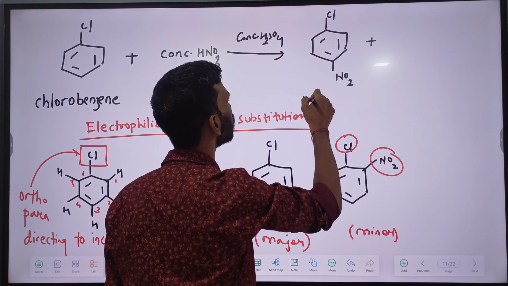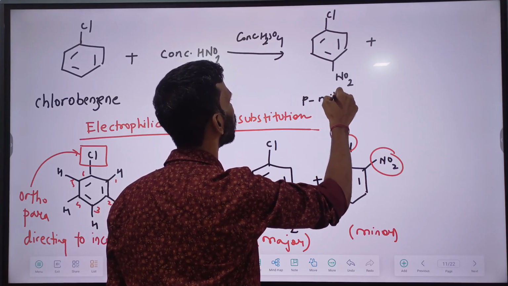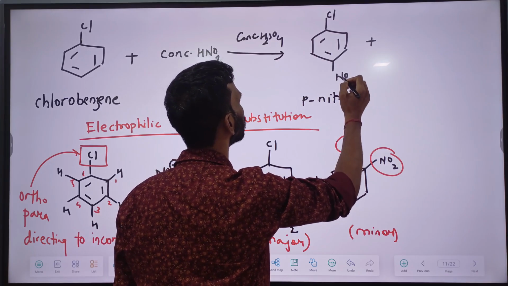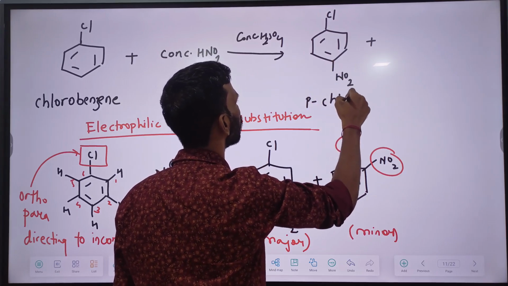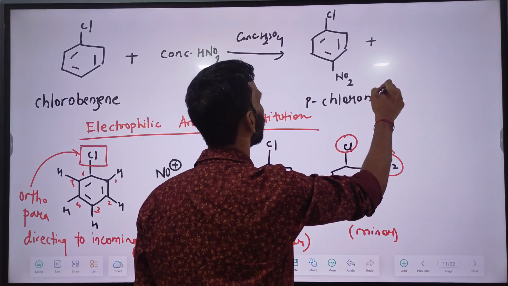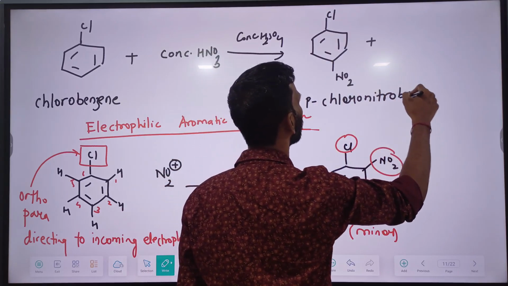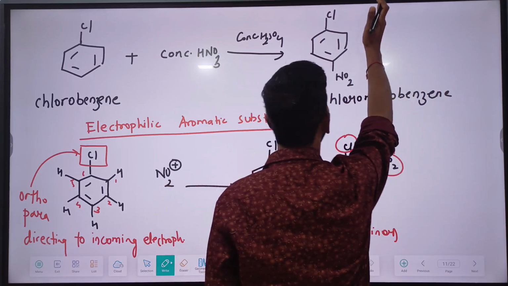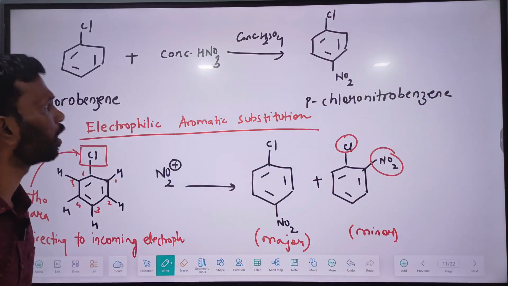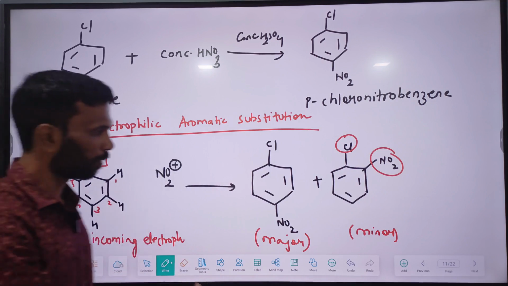At para position there is nitro, or C comes first. Para, chloro, nitro, benzene. Okay, so only this is the major product. You are not writing the minor product over here. Fine.